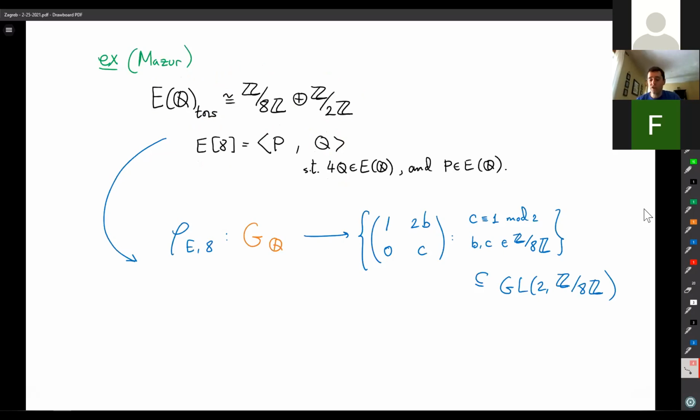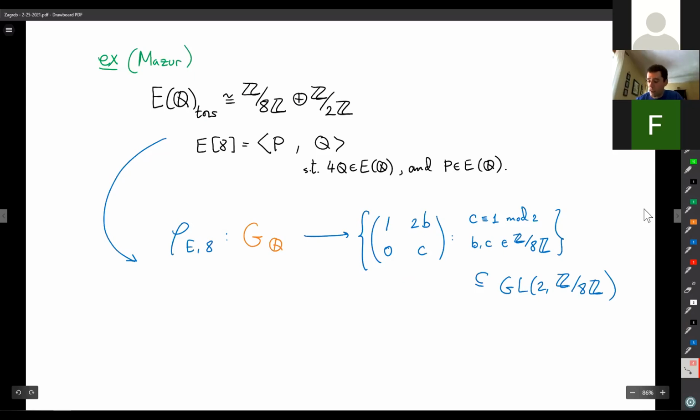It's a point of order 2 that is rational, and that is encoded in the Galois representation by telling you that modulo 8, the image of Galois maps into a subgroup of this form.